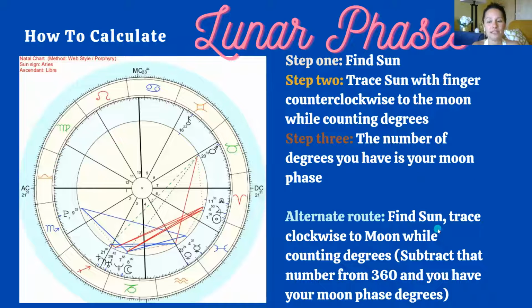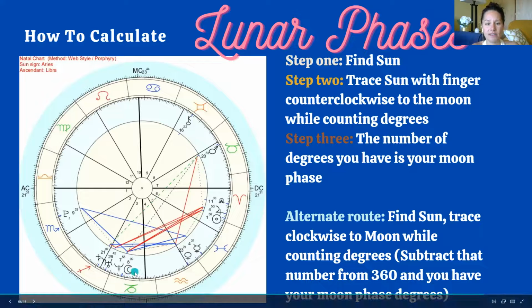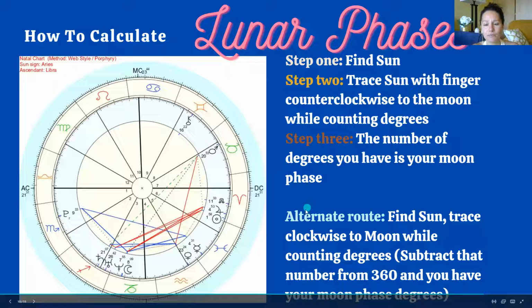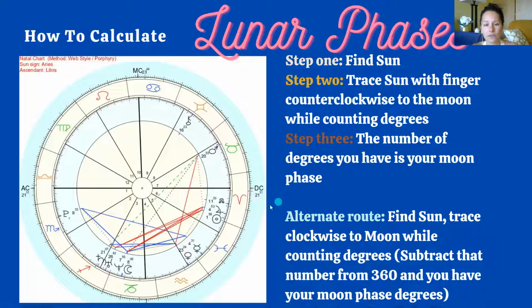And alternatively, you could go backwards and find the space in between these two and then subtract that number from 360. Basically, my sun's at 1 degree Aries.